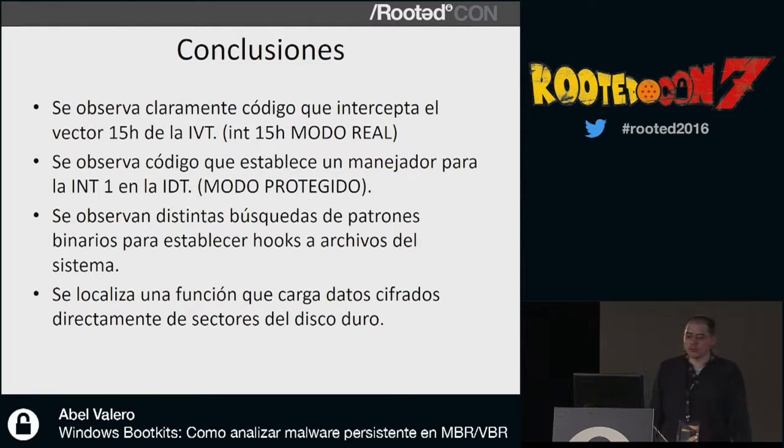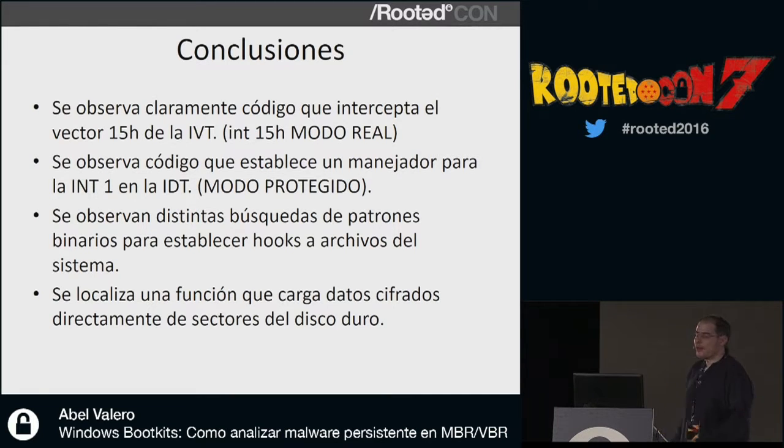This code establishes a handler in protected mode, hooked on the IDT, the interrupt descriptor table. The IDT would be the IVT in protected mode. So they are not working in real mode. They're called the IDT, like you can see on the screen.